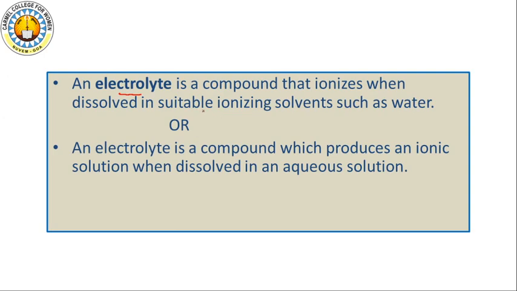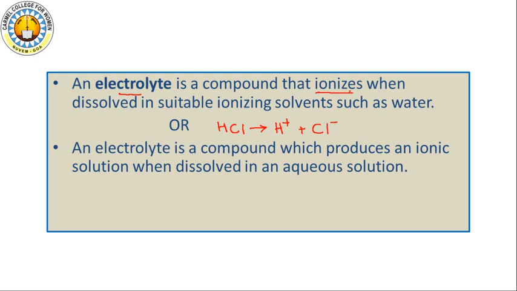What do we mean by ionization? Ionization means, suppose I have an electrolyte, say HCl. When you dissolve it in water, you will get H plus and Cl minus ions. So it ionizes.